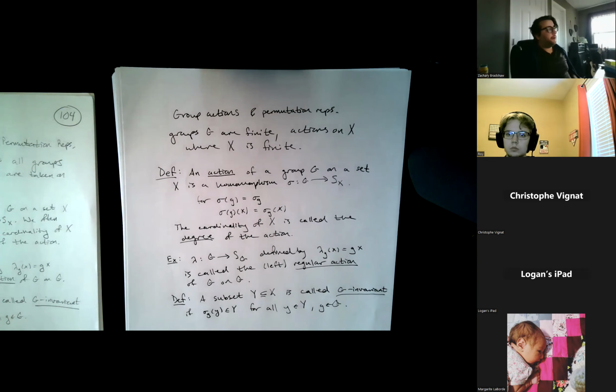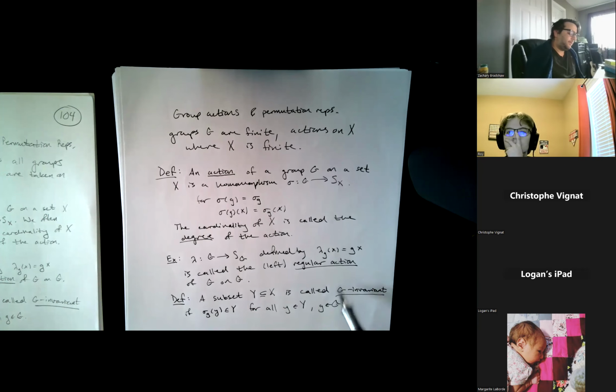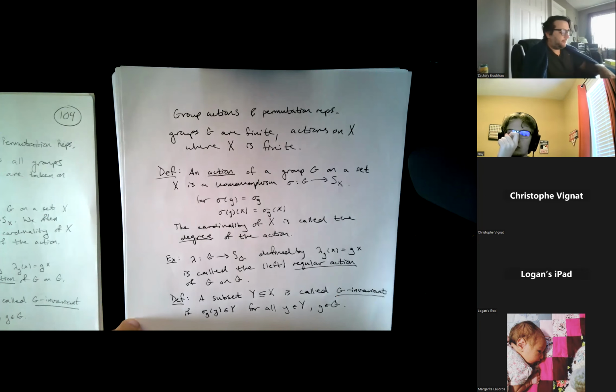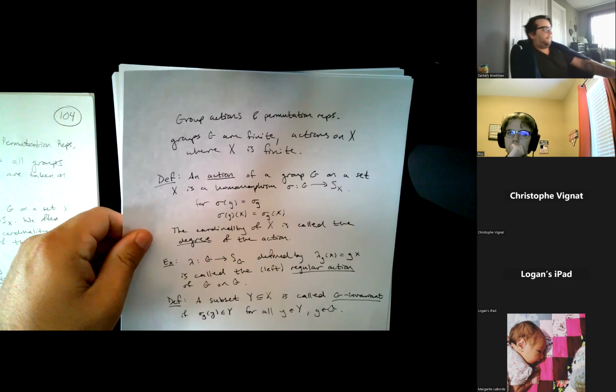So there's a parallel here, again, between the action picture and the representation picture, right? For the representation, we care about G invariant subspaces. In this case, we care about G invariant subsets. Also, notice the dependence, once again, on the action. So we call this thing G invariant, but a better name would be sigma G invariant because the invariance does depend on the action. But that's the name we're stuck with, so we'll go with that.